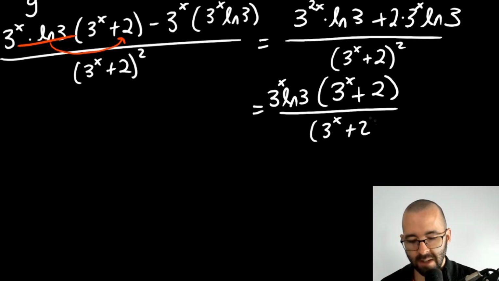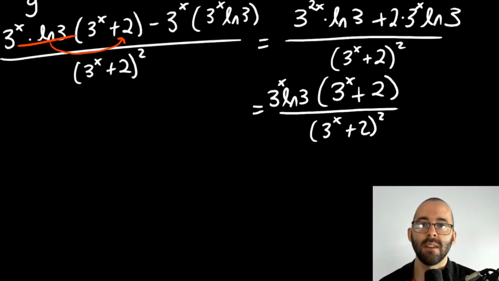Oh, something really nice is going to happen. Look at the top and the bottom. Also, we really could have just factored that out in the first step. If we factored out 3 to the x ln 3 in the first step, it would have been a little easier. We'd have been left with a 3 to the x plus 2 minus a 3 to the x.